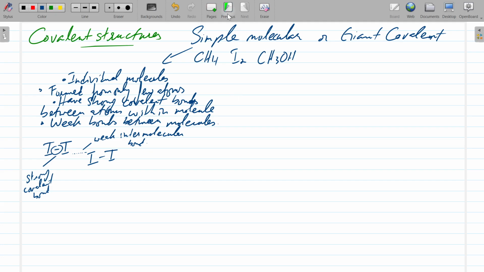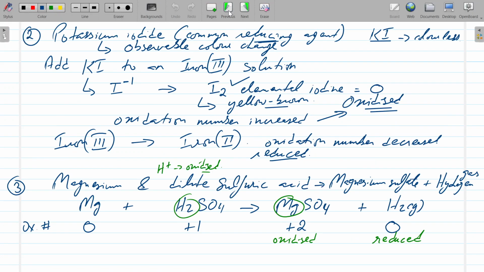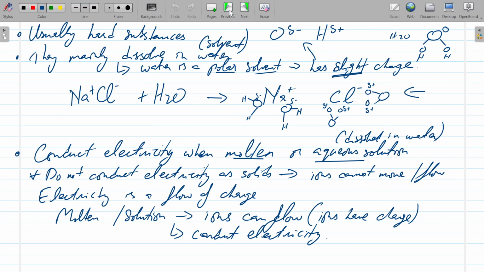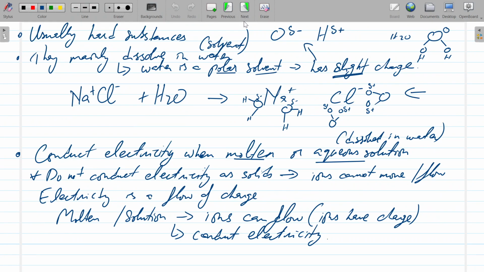Now remember we talked about hydrogen bonding some time back in passing. We talked about oxygen having a slight negative and hydrogen having a slight positive charge. I didn't talk about hydrogen bonding exactly, I talked about water. The water molecule is a covalent molecule.